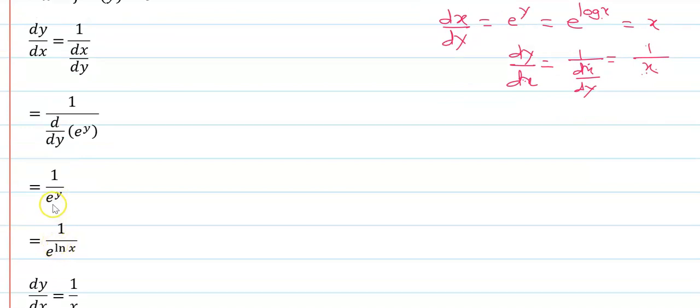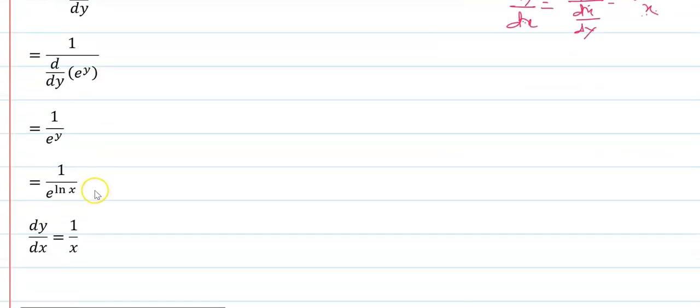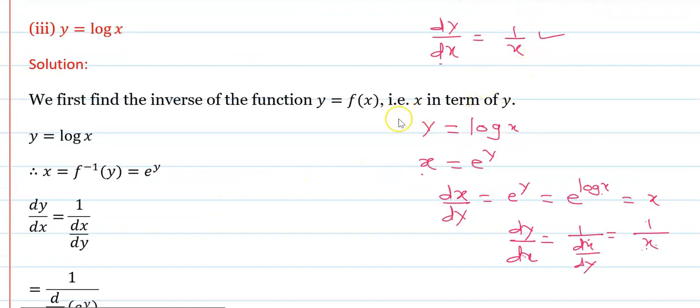Here y is equal to log of x to the base e, and now again we use the result, e raised to log of x to the base e, and its value is x. And therefore the value of this total e raised to log x is x, and hence dy by dx is equal to 1 upon x. Okay. Both are the same here.